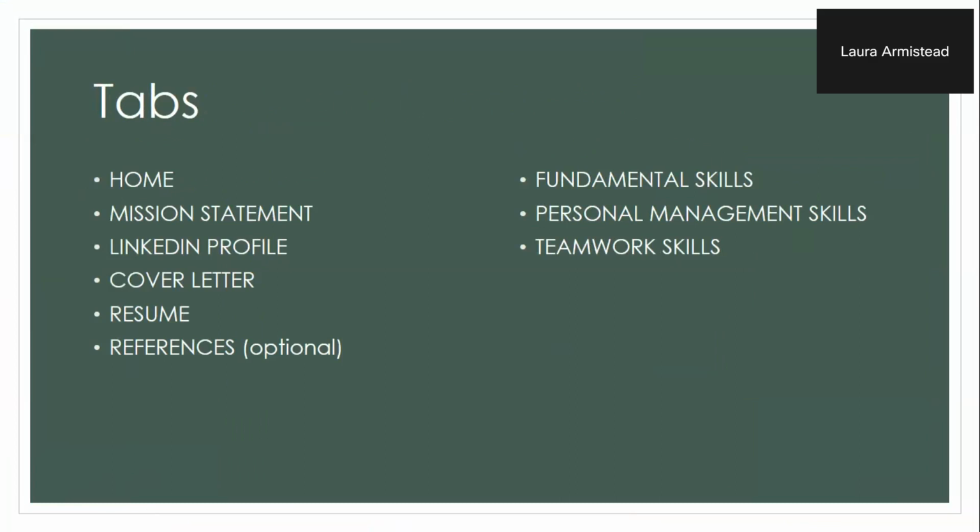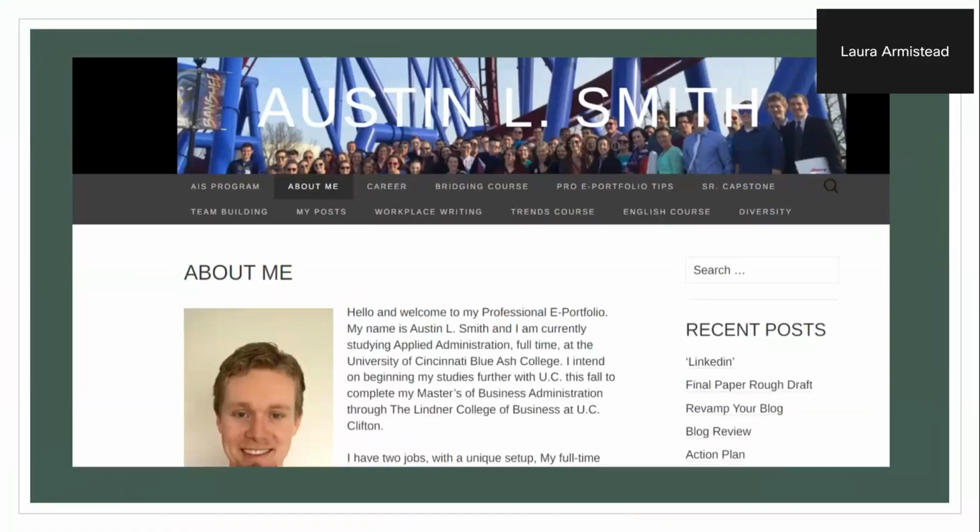You may choose not to have your mission statement as a tab, but put it right on your home page. So there's a lot of personal choice here, and you want to make choices that make you look professional and make things look attractive. So those are all the different sections, and it's listed in your assignment.